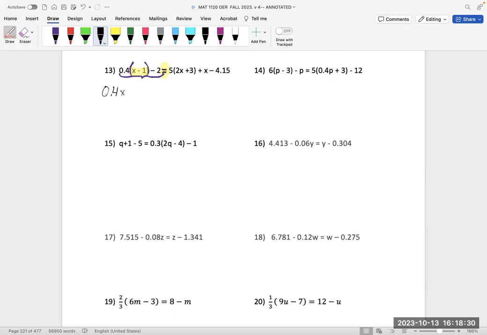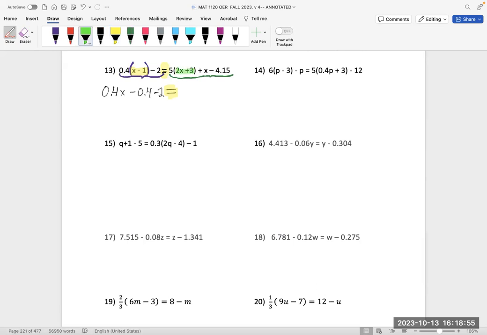So I have 4/10 x minus 4/10 times 1, which is just 4/10. I still have that minus 2, and there's my equal sign. Now I'll work on the right side and simplify all of this. Again, I have parentheses.